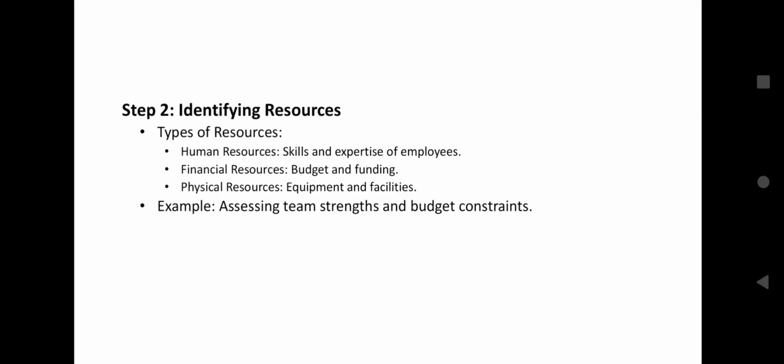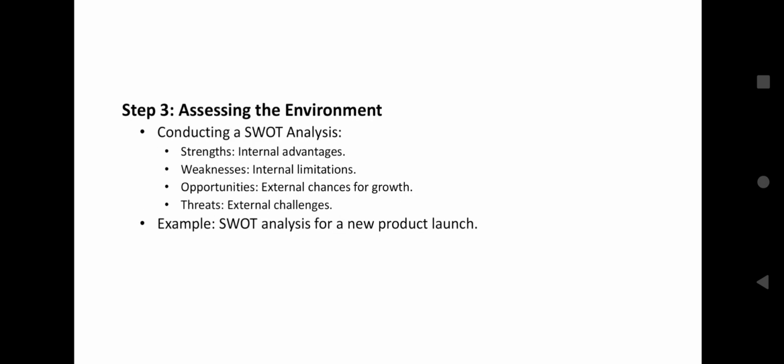Skill and expertise of employees and experience come under human. Financial means budget and funding. Physical means equipment and facilities. Assess the team strength and budget constraints. Next, assessing the environment. Definitely we have to go for the SWOT analysis: strengths, weaknesses, opportunities and threats.